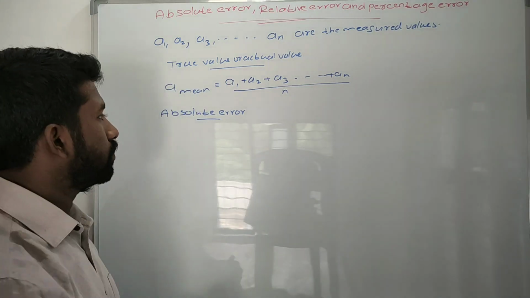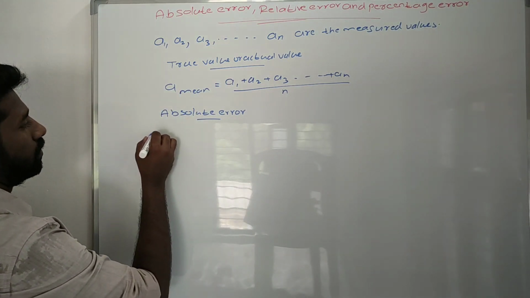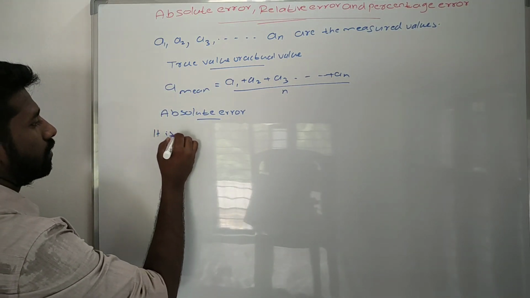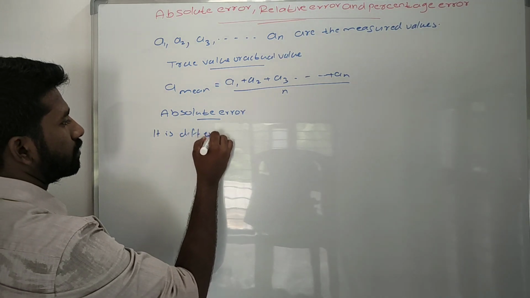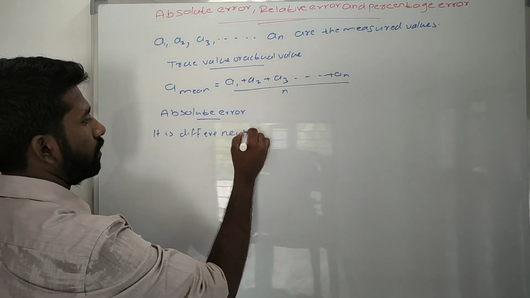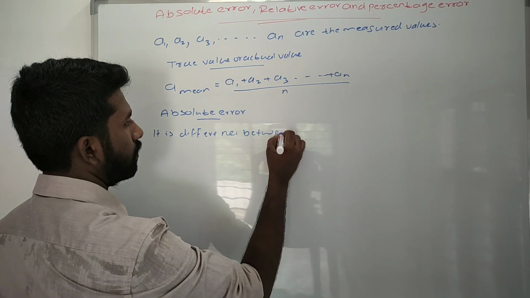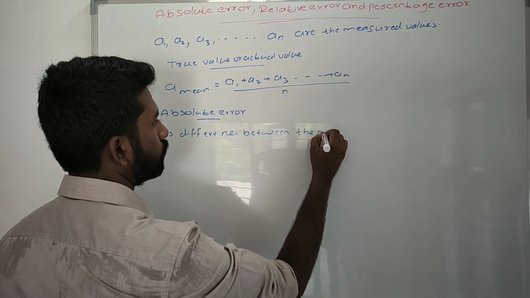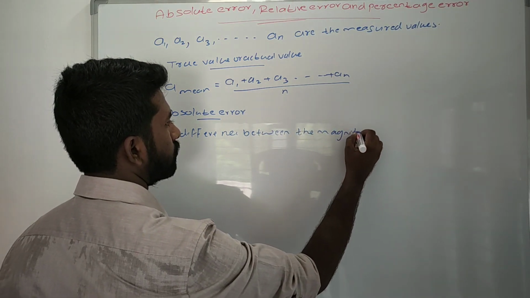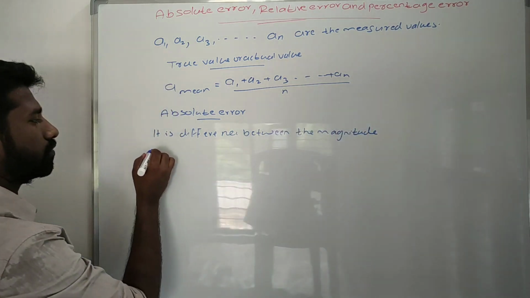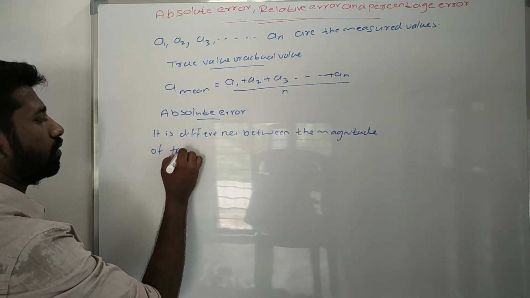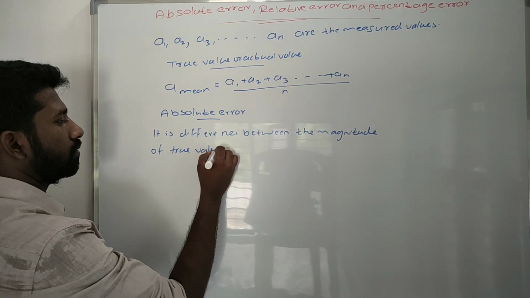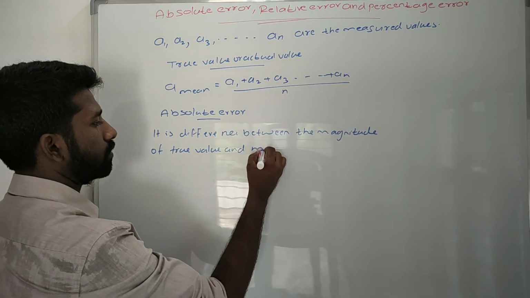So the absolute error is the magnitude of the difference between the true value and the measured value.